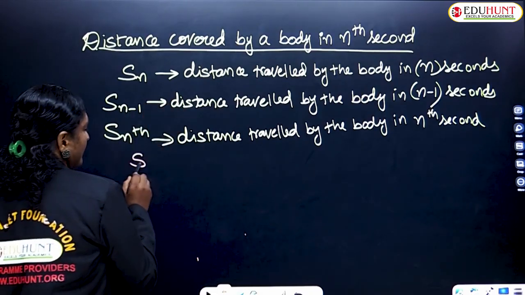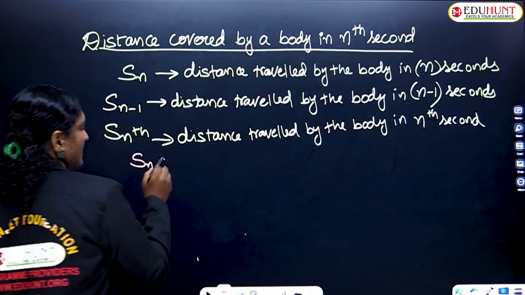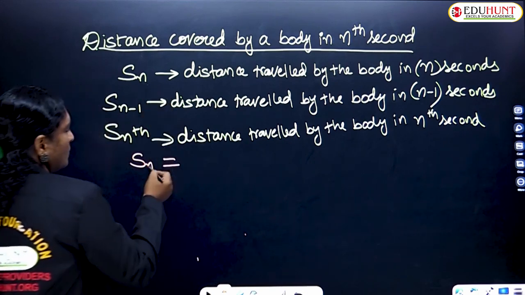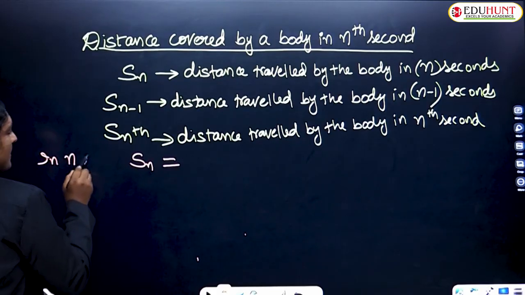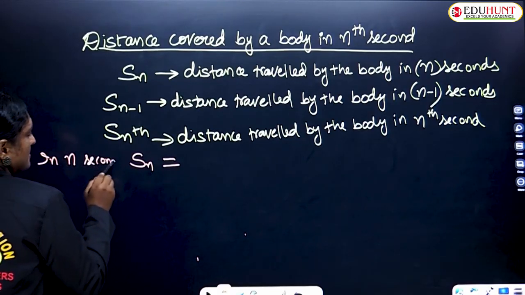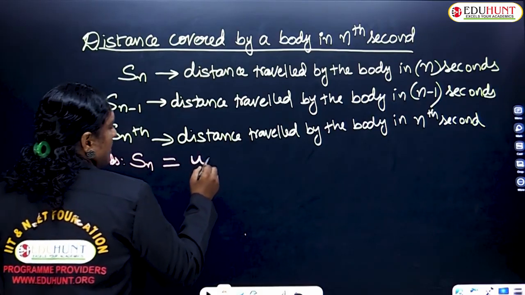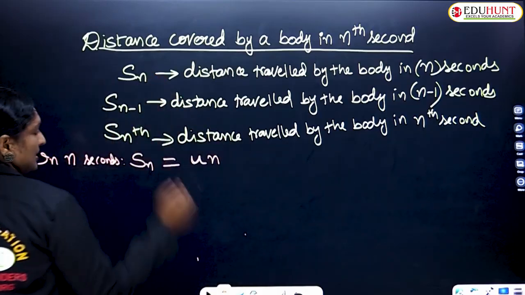So clearly the distance traveled in n seconds is given as Sn, just a notation, equal to ut, instead of t, n: un.